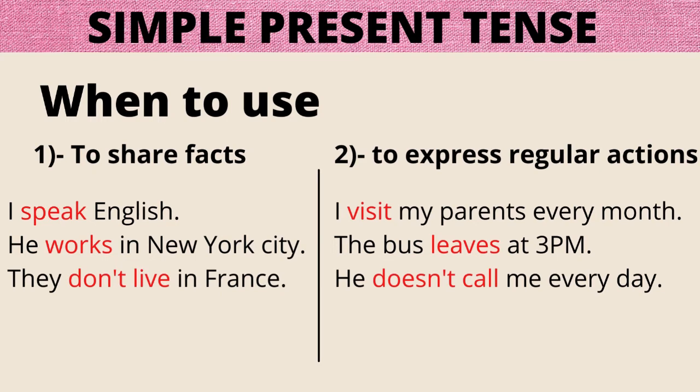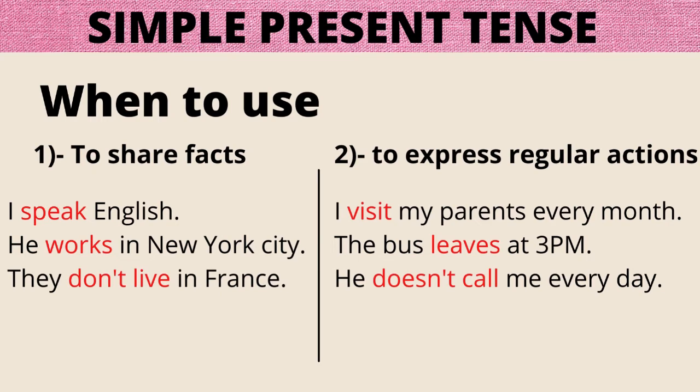So it's something that we understand happens regularly. So, for example, I visit my parents every month. In this sentence, visit is a simple present tense verb, and we know that this is a regular action because we have this expression every month.